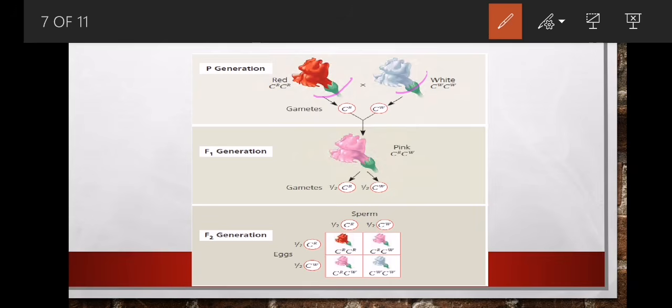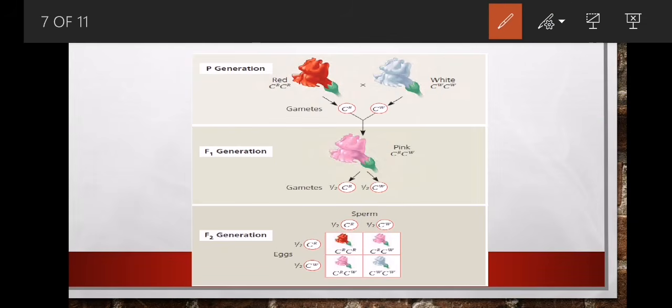I've used CR for red, CR for red, then CW for white and CW for white. So it's simple like that. But in some cases, you'll find that they use different alleles for red and for white. But don't worry about that. Here we just decided to use CR, CR, CW, CW. Okay, fine. Let's check what is happening.